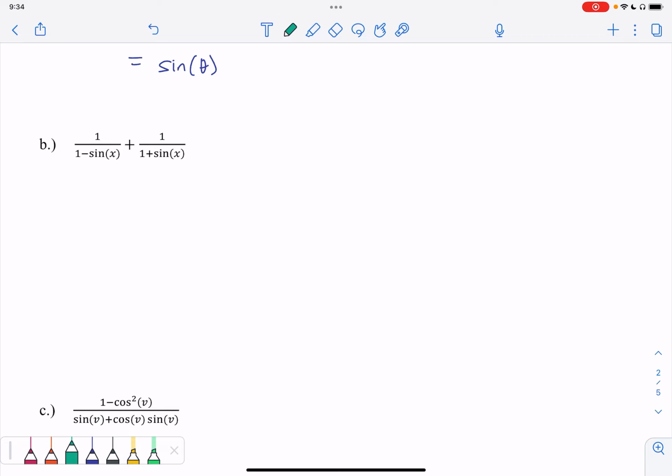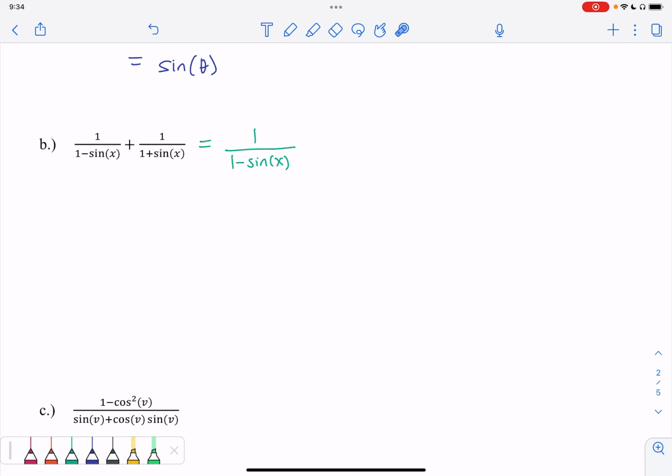So if I wanted to simplify this, the technique I'm going to use is finding a common denominator. Again, I'm using my equal sign to the right of the original expression. I have 1 minus sine of x, and I notice the denominators are 1 minus sine x and 1 plus sine x, so they're totally different.